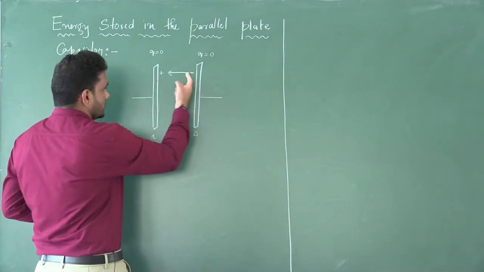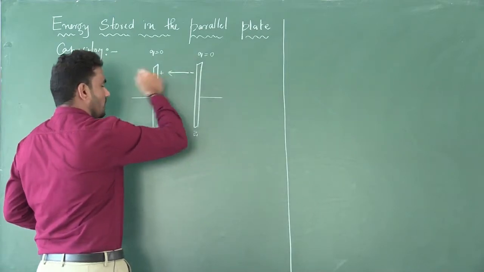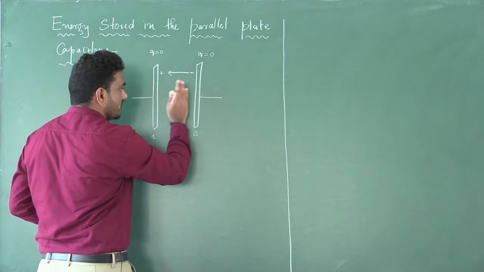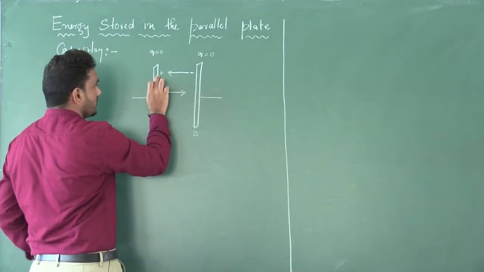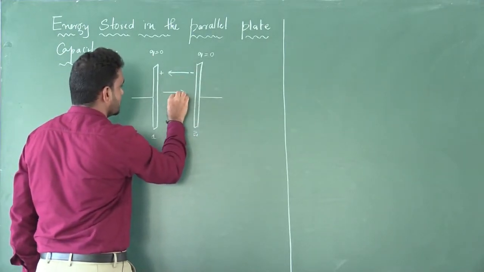Now, once you have transferred a positive charge from plate 2 to plate 1, an electric field exists between the 2 metal plates, directed from the positive charge to the negative charge. So the electric field exists now.